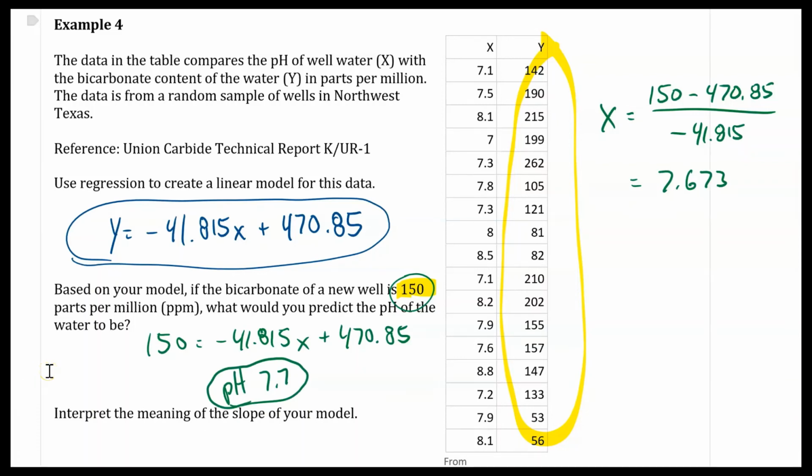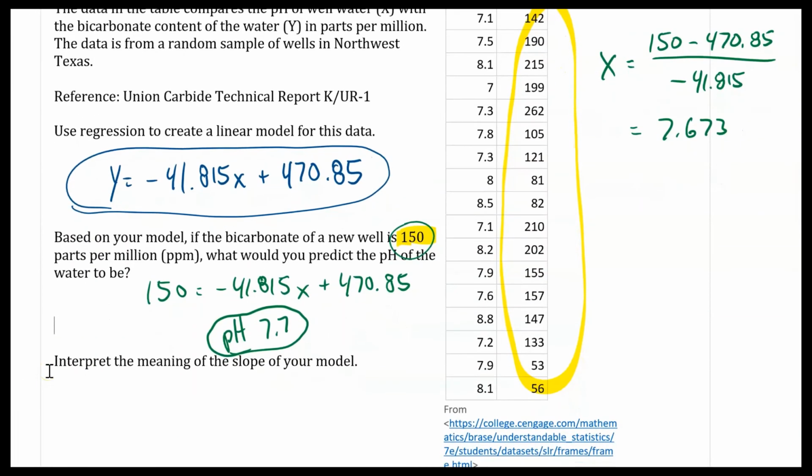And one more question for us related to this model is an interpretation question. So we want to interpret the meaning of the slope of the model. Slope, of course, is the rate of change. The value that we have here is the negative 41.815. And for a linear function like this, it's a constant rate of change.